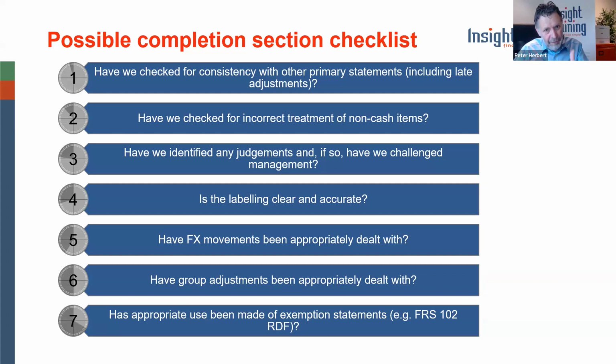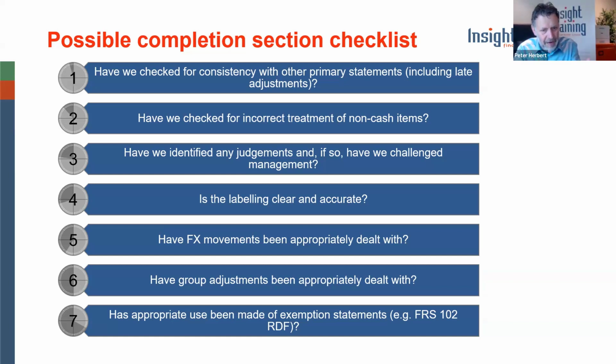To take advantage of the ability to exclude the parent cash flow from the consolidated financial statements, what you would need to do is to use the FRS 102 reduced disclosure framework and make reference to that in the notes to the financial statements. That often, I would say, is a statement which goes missing, and therefore that exclusion is not justified in practice. So just a few thoughts there about things that might be worth including in a checklist.